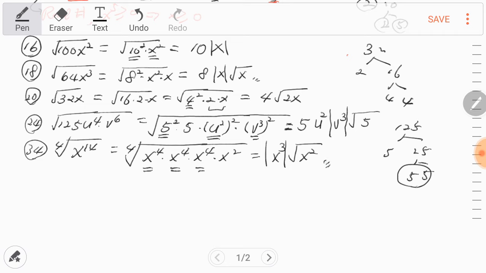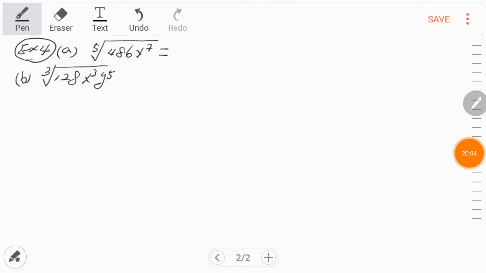Okay, let's try the next examples. For this example, the indexes are 5 and 3. They are odd indexes, so when we take the base out, we don't have to put absolute value. Since the first one is the fifth root, the index is 5, we will try to make this number something to the fifth power. So let's find factors. Let's start with 2, because this is an even number.